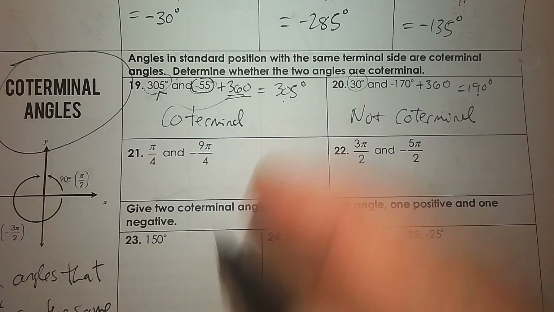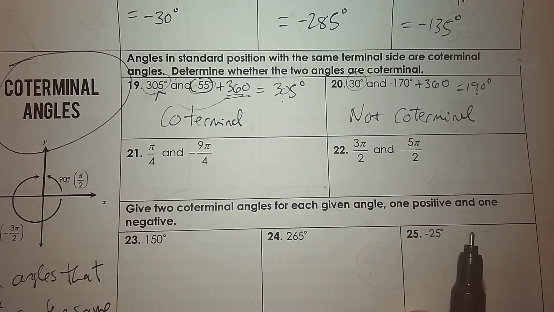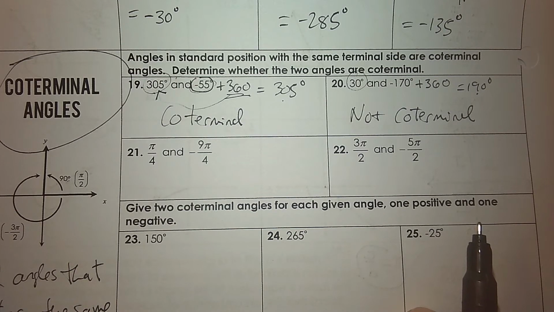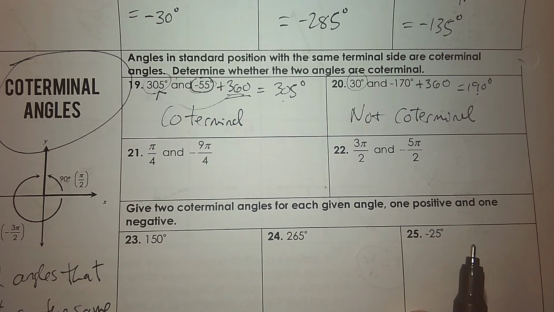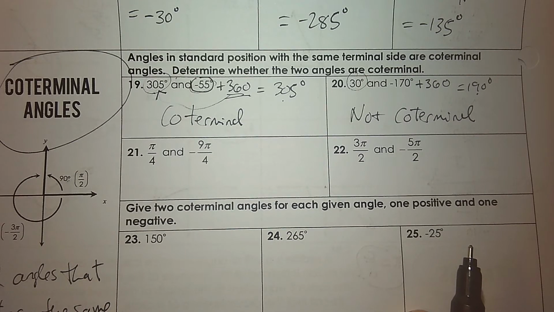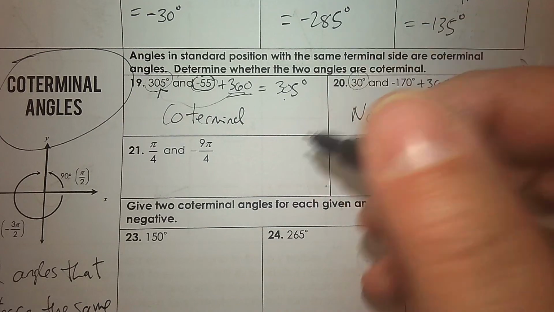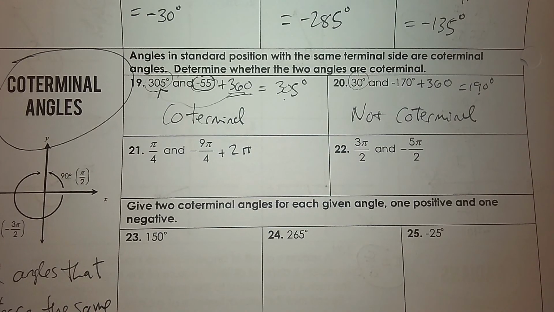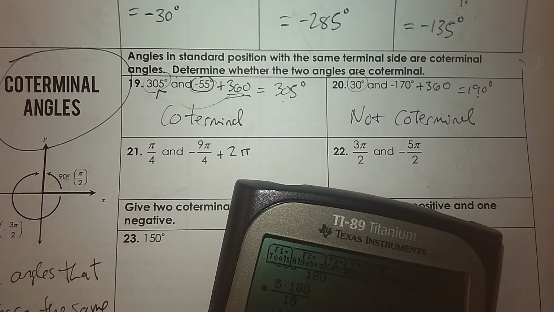Now, is pi over 4, is that in degrees? It's in what? Radians. Is that brand new for today, right? So the indicator is pi in the number, it's in radians. So we're not going to use 360. Instead, we're going to use 2 pi. What's negative 9 pi over 4 plus 2 pi?